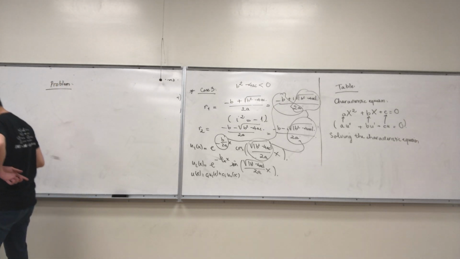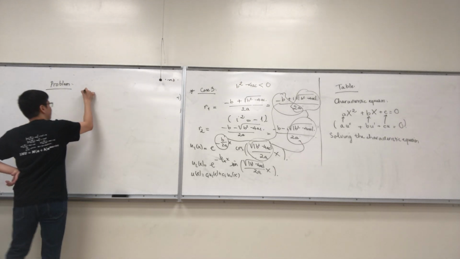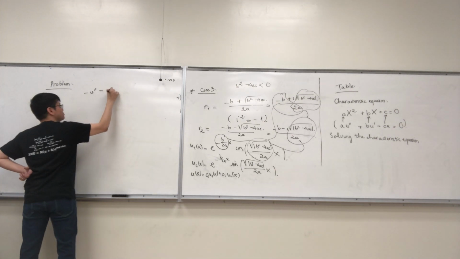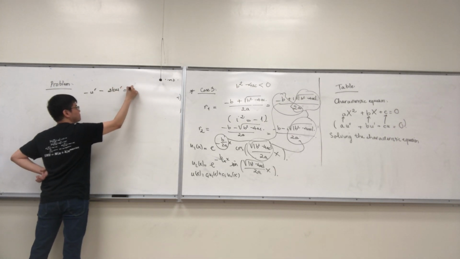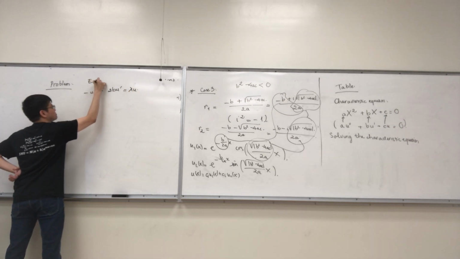So problem 3 is the following: you have to solve minus u'' minus 2b u' is equal to lambda u. So this is an eigenvalue problem.